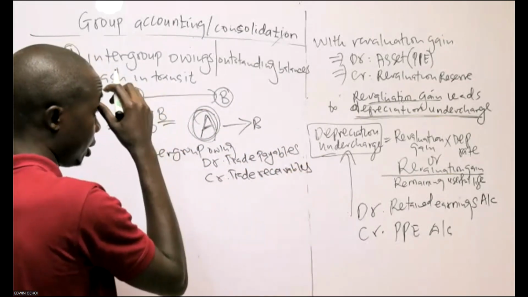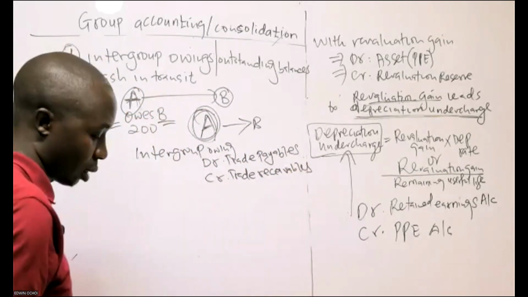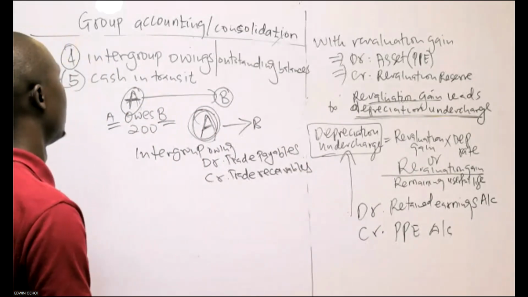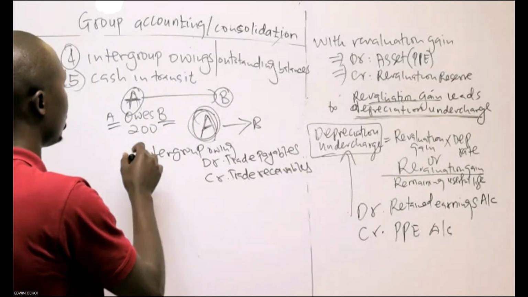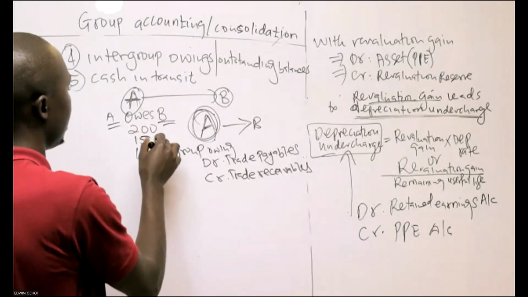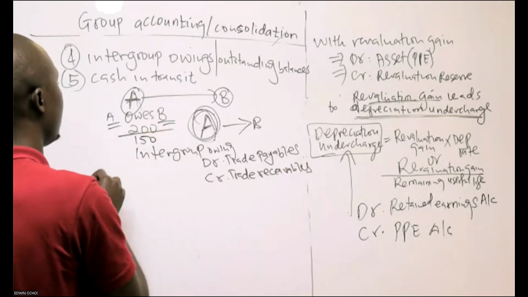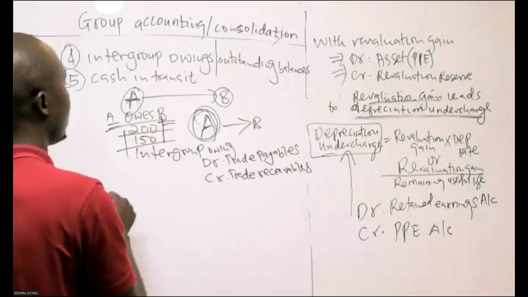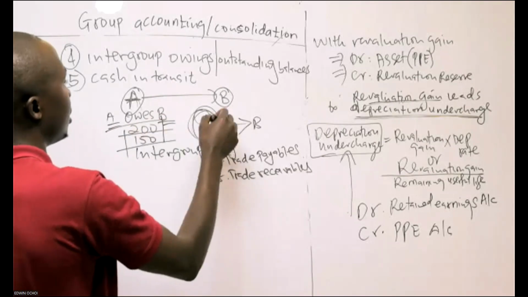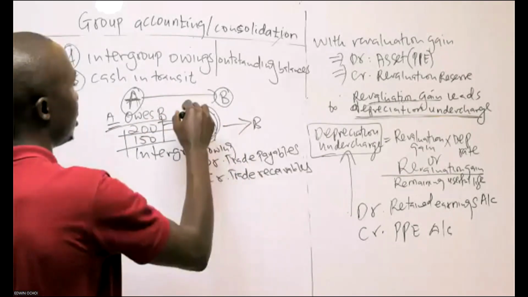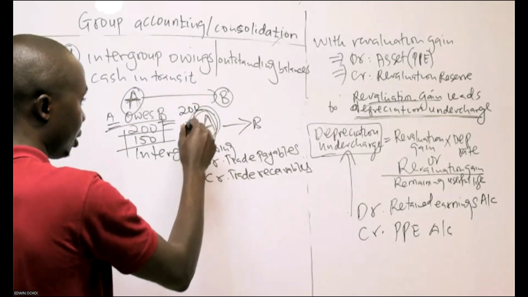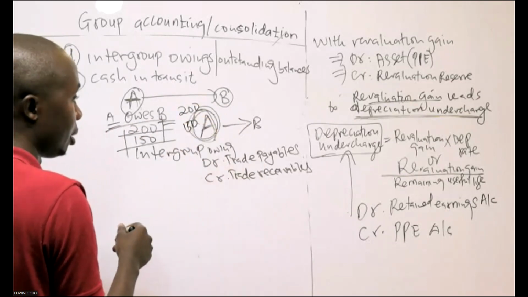Then for cash in transit, let's say 200 was owed by A to B. Then by the end of the year, the books of A show that it owed B 150 instead of 200. So instead of A saying that it owed B 200, A is saying that I owe you 150 because I had paid 50.